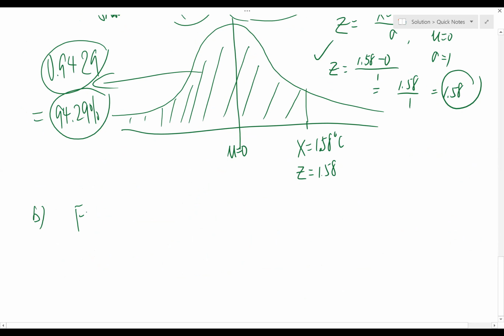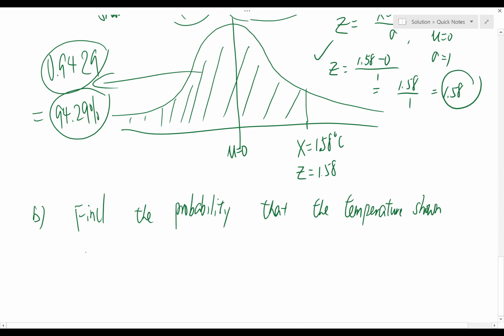Find the probability that the temperature is between negative 1.25 Celsius and 1.75 Celsius.